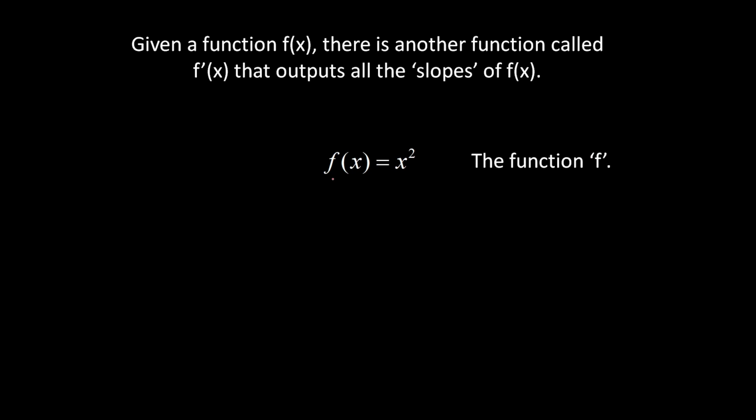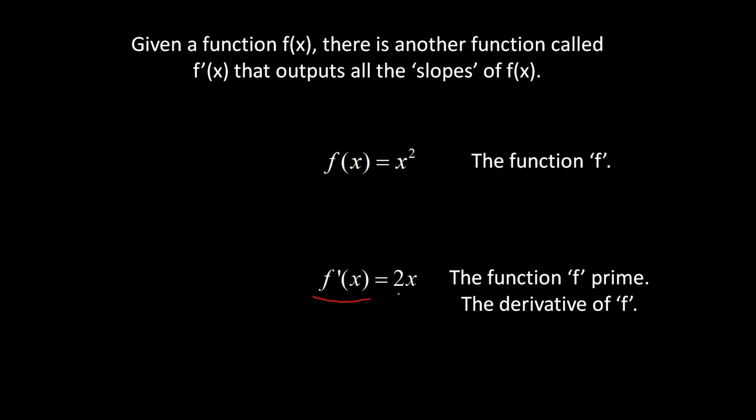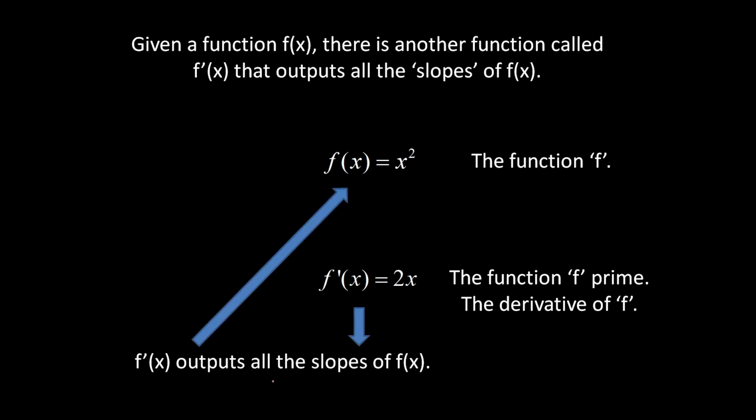And this function here, remember this is the name of the function, f. And we found in that last lecture that the derivative was 2x. And we would read this as f prime. So that's the name of this function, f prime. And the prime signifies this is the derivative of f. And again, the derivative always outputs all the slopes of the original function, the function f.